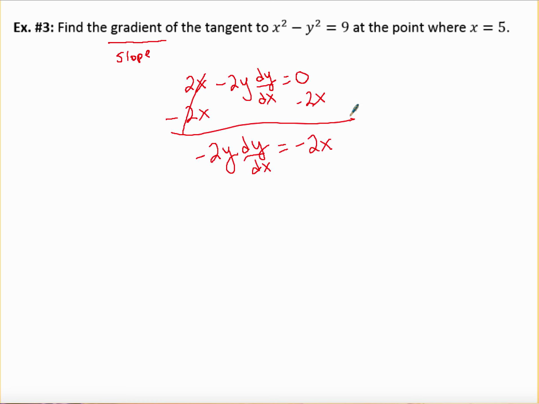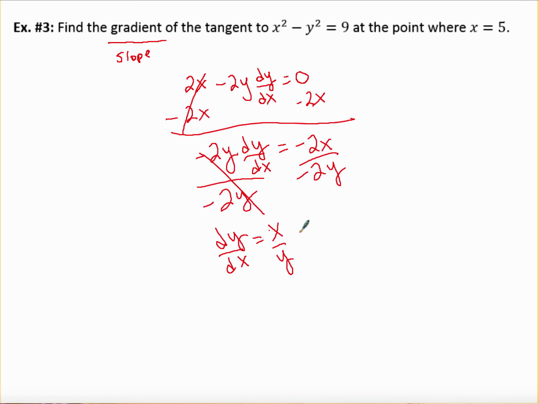Okay, so once we've got almost our dy dx alone, let's divide both sides by negative 2y. Well, negative 2 divided by negative 2 is 1, so I get x divided by y.